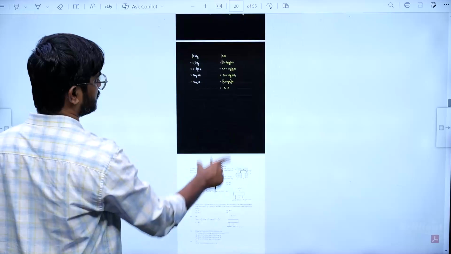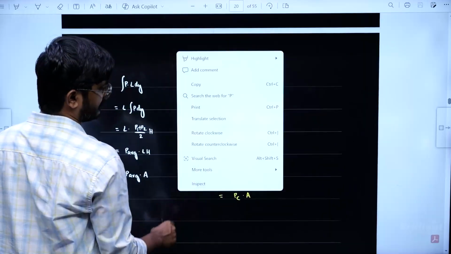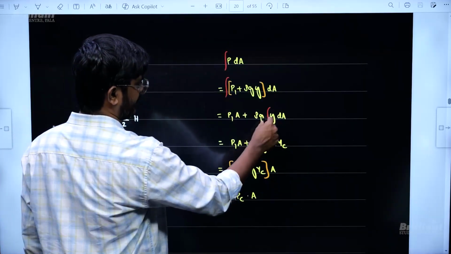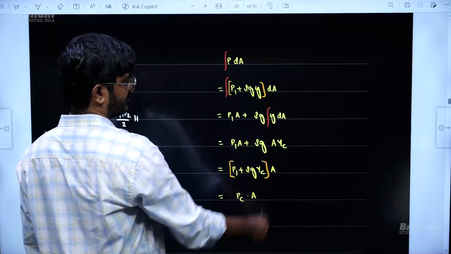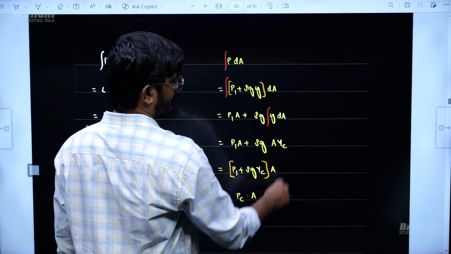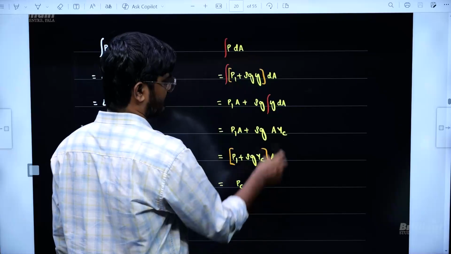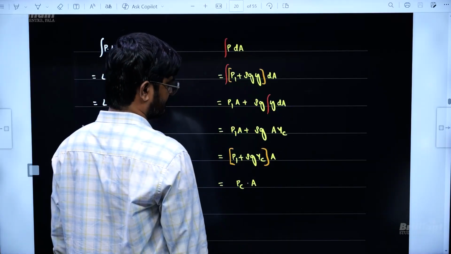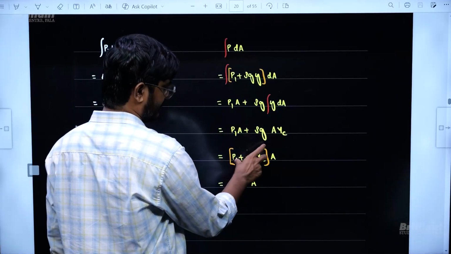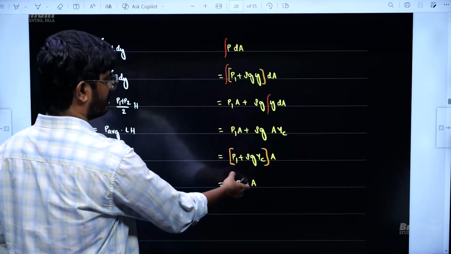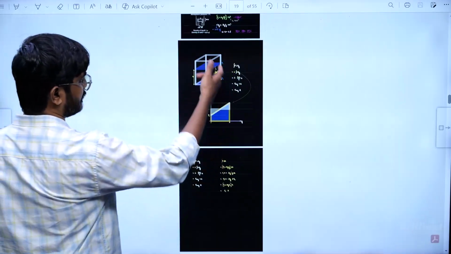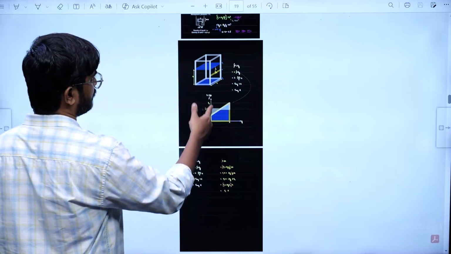Similarly, if you take any random shape, the integration is going to look like the center of mass integration, like y dm integration. Y dm integration is going to be m into the y coordinate of center of mass, and y dA integration is going to be area into the y coordinate of center of mass. So that is pressure at the centroid into area. For a rectangle also I can say pressure at the centroid into area, because average pressure and pressure at the centroid both turn out to be the same.